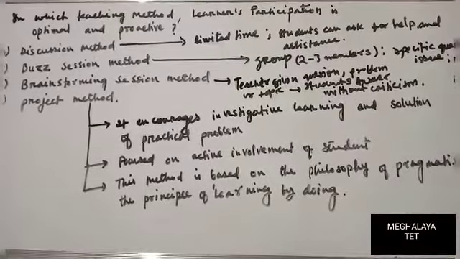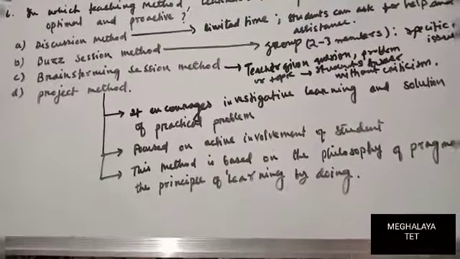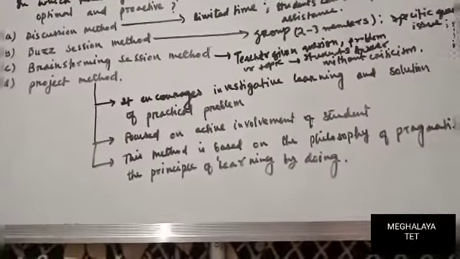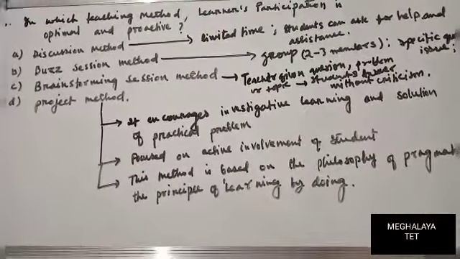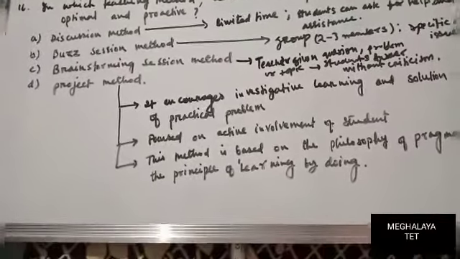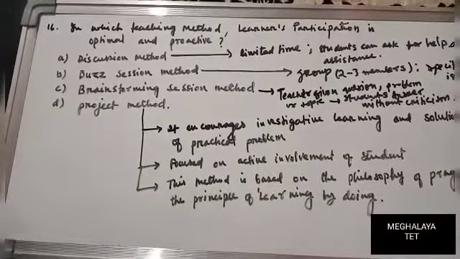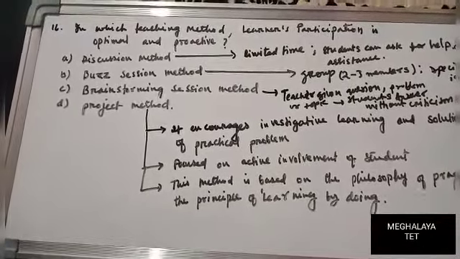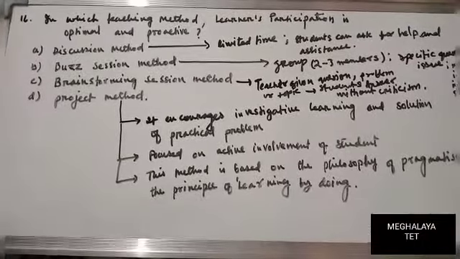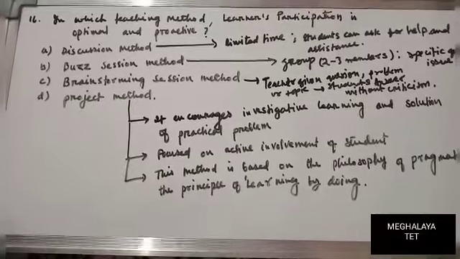The project method involves the active participation of the students, and the optimal, the best, the favorable results of the students. In the project method, suppose they are given some textbook problems and they have to perform them.